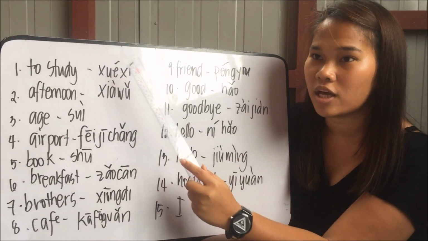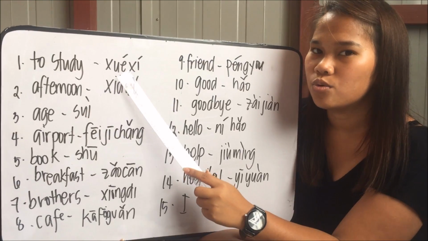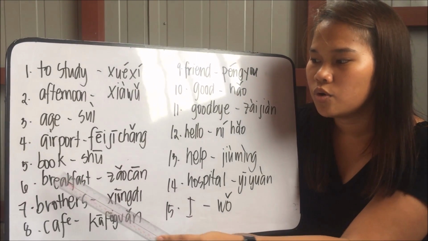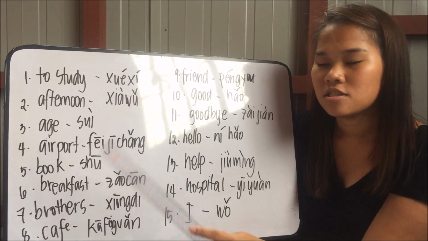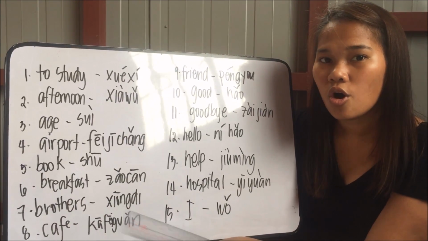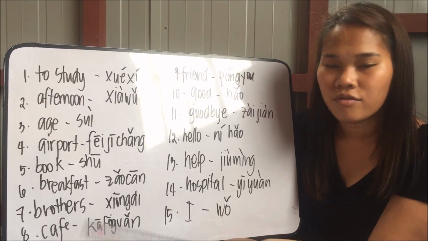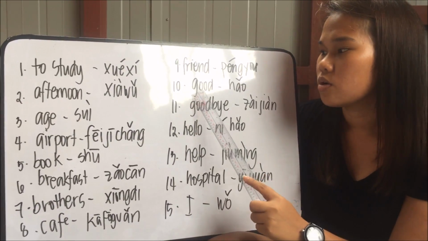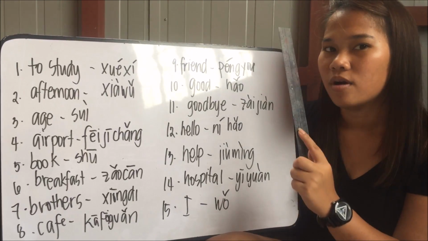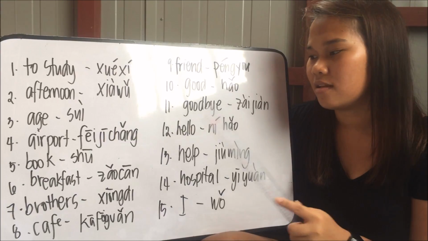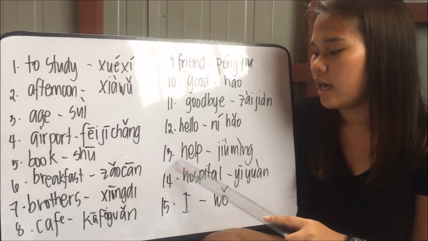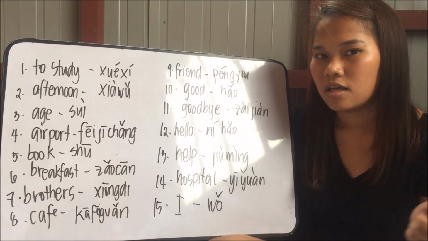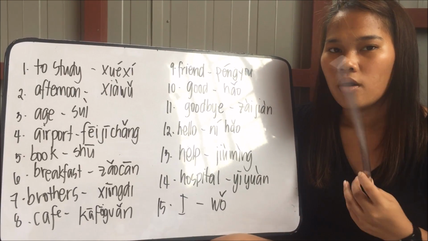We have to study 学习, afternoon 下午, age 岁, airport 飞机场, book 书, breakfast 早餐, brothers 兄弟, cafe 咖啡馆, friend 朋友, good 好, goodbye 再见, hello 你好, help 救命, hospital 医院, I 我.